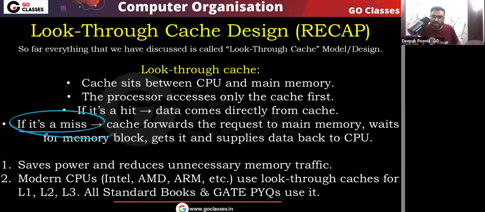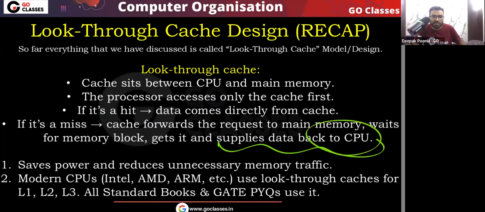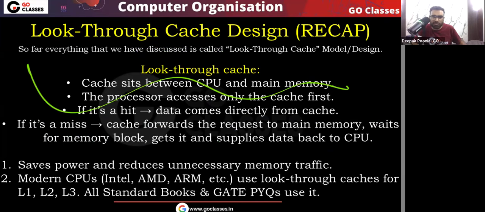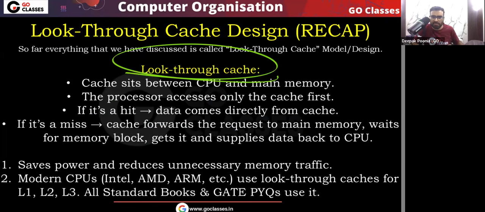If there is a miss, then the cache controller will forward the request to the main memory. Then we will fetch a block from main memory to the cache memory. We will put that block in the cache memory, and then from the cache memory, we will supply the word to the CPU. This is what we have seen so far in the memory hierarchy, and this is called look through cache design.